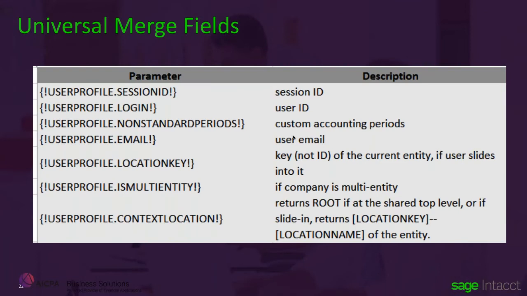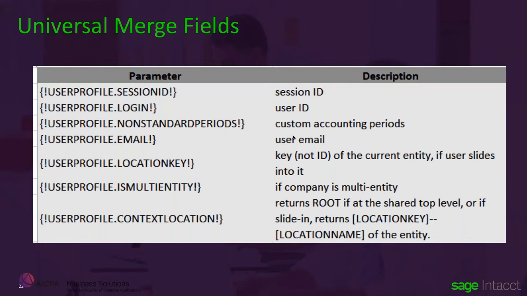So here's some universal merge fields. These are going to be ones that could apply to every single smart rule. So you could say, for example, if the user ID userprofile.login is equivalent to Philip, then throw up an error message saying you don't have any business posting in this system anyway.